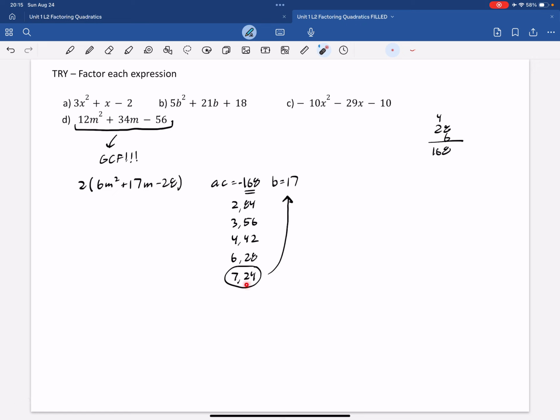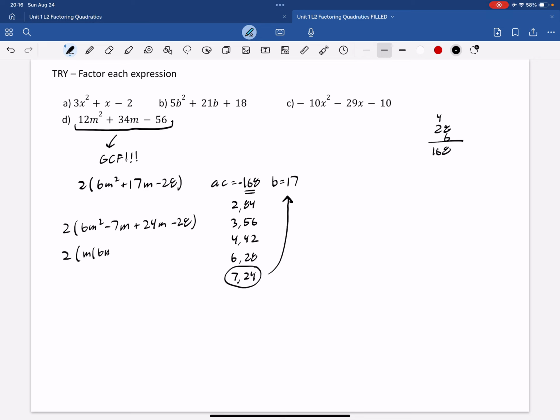Okay, so what we're gonna do is we're gonna split the 17 and we'll split it as minus 7m plus 24m. We still have the 2, then we've got 6m squared minus 7m plus 24m minus 28. Okay, look for anything common in the first set, nothing except an m, so I'm gonna have a 2, and then I've got an m that comes out.